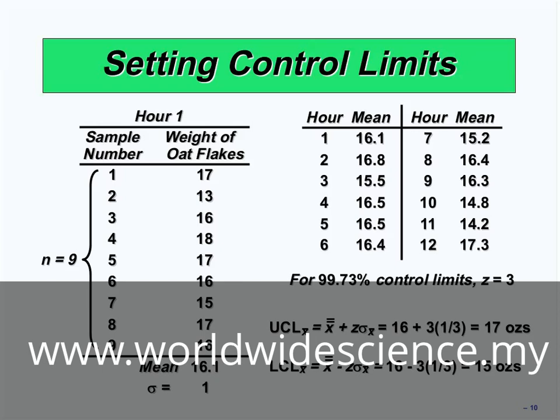He takes them to the laboratory to measure the weight. Cup number 1: the weight of the flake is 70 grams, something like that. Cup number 2 has a weight of 13. Please look at the table on the left. This is an example in hour 1.